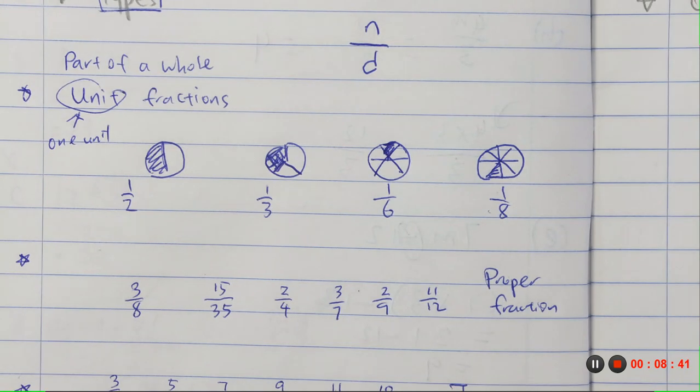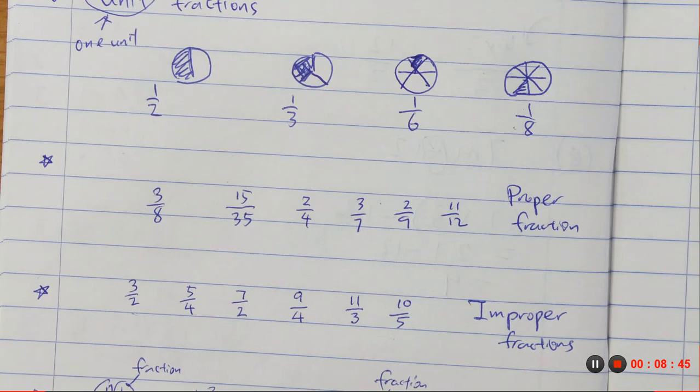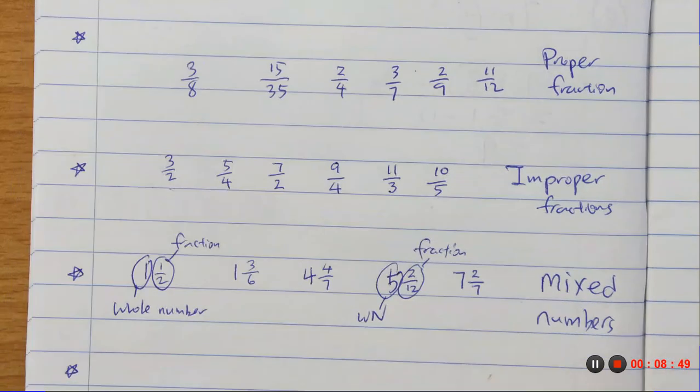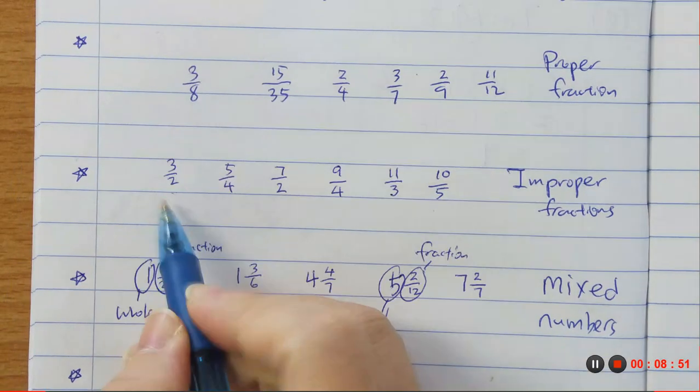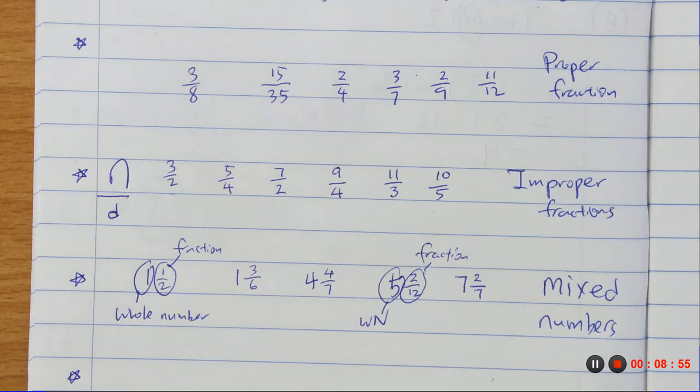Okay, yes, Pranavika. Very good. So, for improper fractions, Pranavika says the observation is that the numerator is always a bigger number compared to the denominator. However, what about the proper fraction?